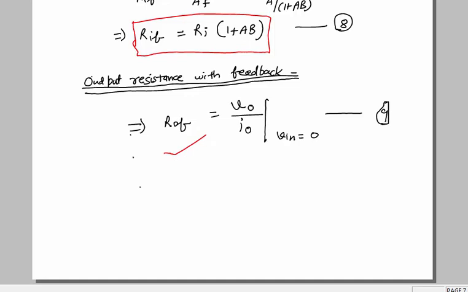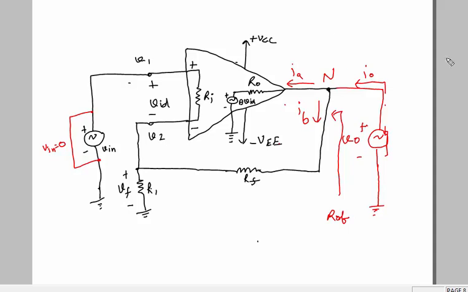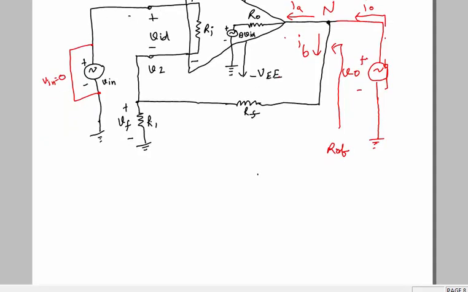Now, if we see the KCL at node N, what can we write? I naught equals IA plus IB. So simply, the incoming current I naught equals the two outgoing currents IA plus IB.